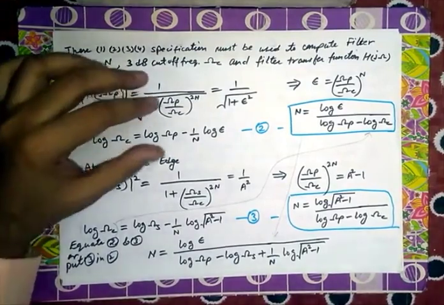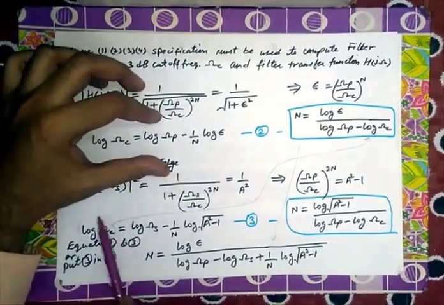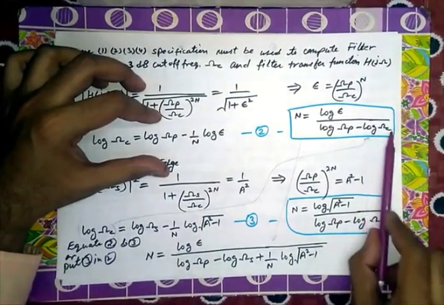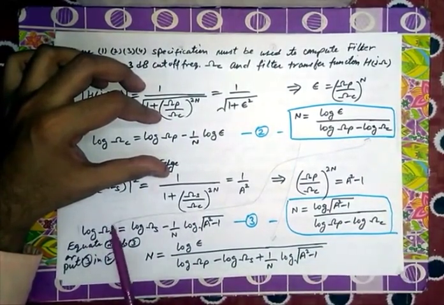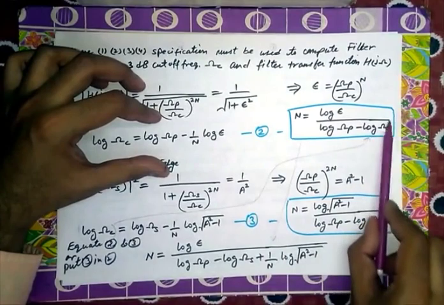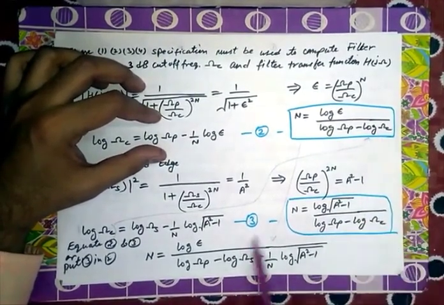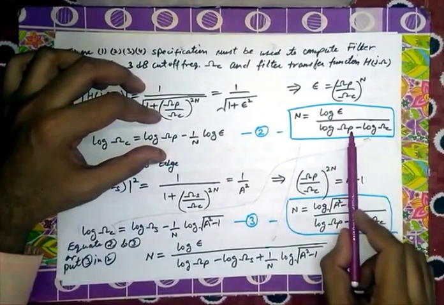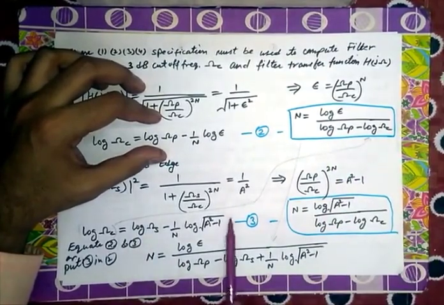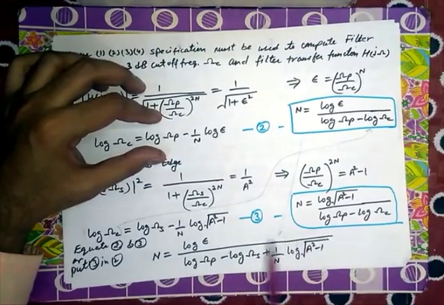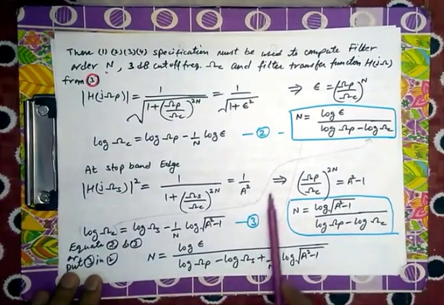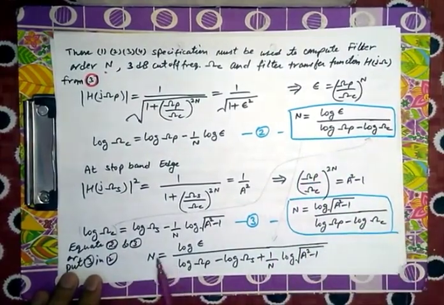I have shown using the pencil that this log omega c from equation number 3 can be put here in equation number 2, and we have this equation n equal to log epsilon upon log omega p minus log omega s. It means this is the complete equation. Simple, don't make it so complex. It is a simple method: just put the log omega c here, and then we have the value of n.